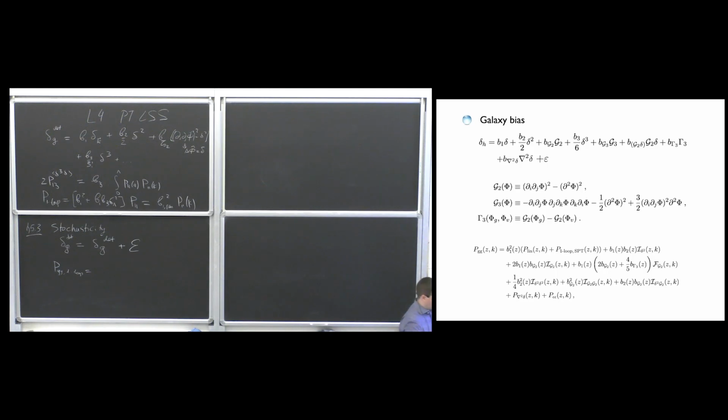Once we have the expansion, we compute the usual P22 and P13 diagrams. We're going to get a bunch of terms, and some of them, in particular this I delta squared, which is the auto spectrum of the delta squared field, will have some interesting properties that we haven't seen before.